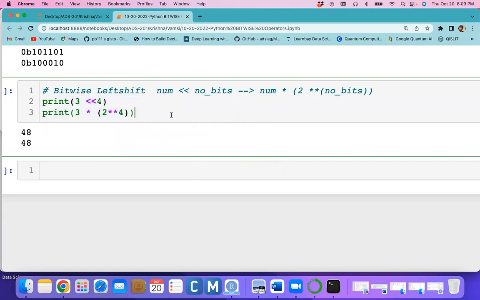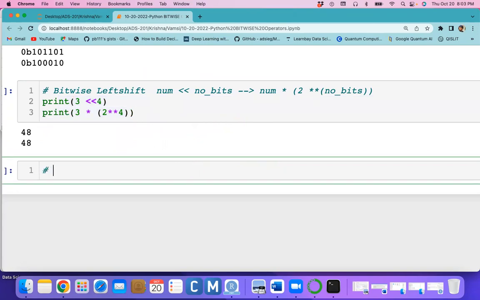Meanwhile, we have the bitwise right shift operator. When the right shift operator is working, whatever number you have, you shift it towards the right side. You mention the number of bits you want to shift.